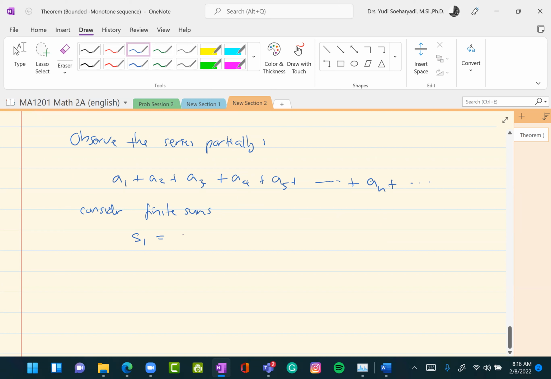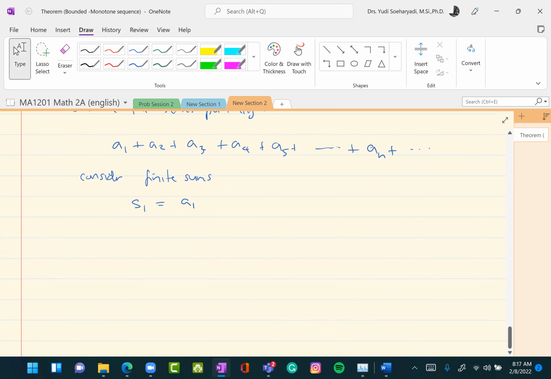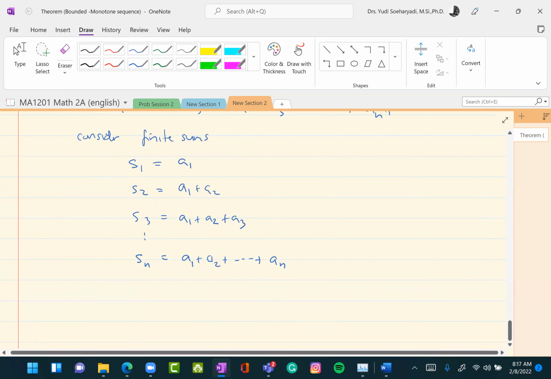So S1 is equal to A1. Why S? Because it's sums. S2 is A1 plus A2. S3 is A1, A2, A3. In the same fashion, Sn is just the sum A1 plus A2 dot, dot, dot, till An.